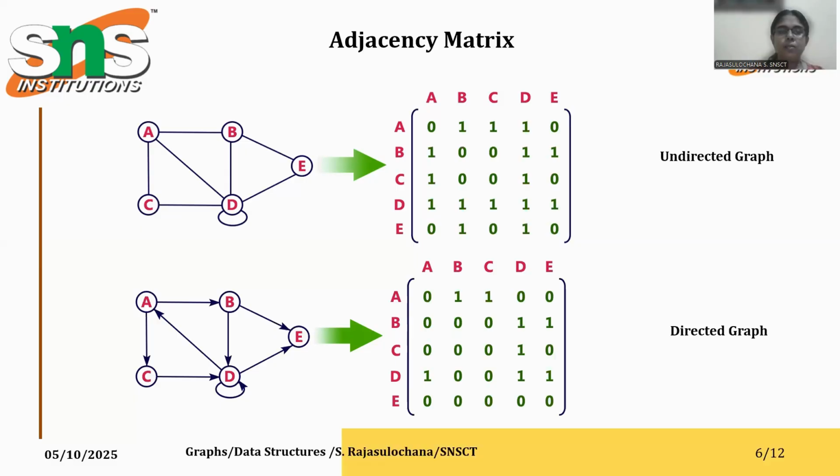If there is an edge between two vertices, you insert 1. If there is no edge, you enter 0. However, in case of a weighted graph, instead of entering 0 and 1, if there is an edge between two vertices, you enter the respective cost or weight. Sorry, if there is no edge, you put infinity, and for no self loop, you put 0. This is for a weighted graph.